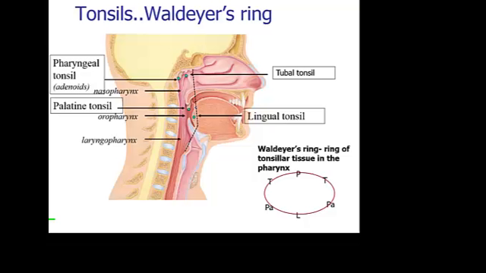If somebody opened their mouth, on either side you see two pillars coming down, and then you can see the tonsils in between them. The first of these pillars is the boundary line between the oral cavity in front and the pharynx behind. So here is that first pillar. It's an arch which comes down. It's called the palatoglossal arch because it comes from the soft palate to the tongue.